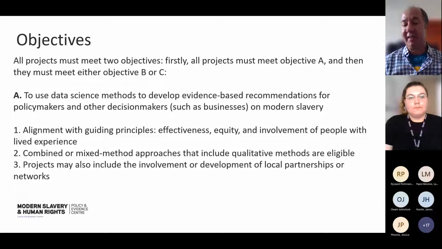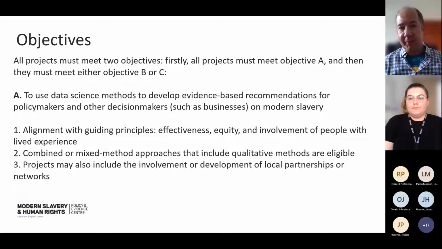And that's because as a policy and evidence centre, all of our work needs to in some way address the challenge for policymakers. So we need to think about all of our outputs as how can they help policy be done better. So all projects need to address objective A, and we would ask to align with our guiding principles of effectiveness, equity, and involvement of people with lived experience, as I mentioned earlier.